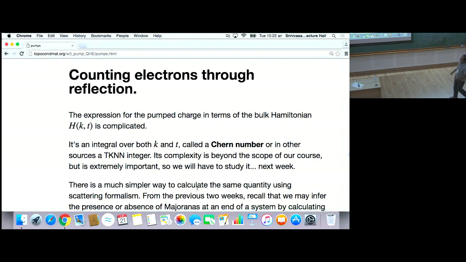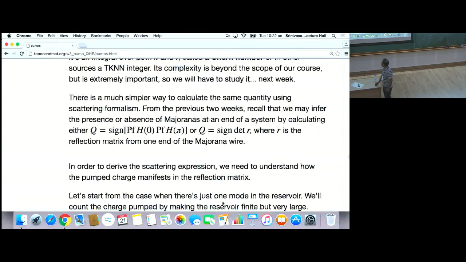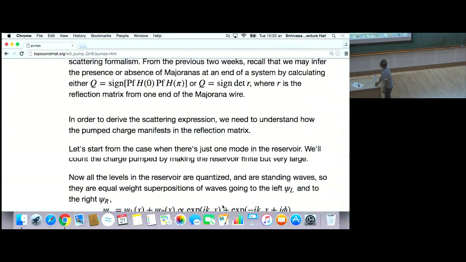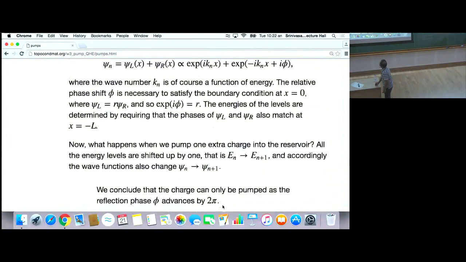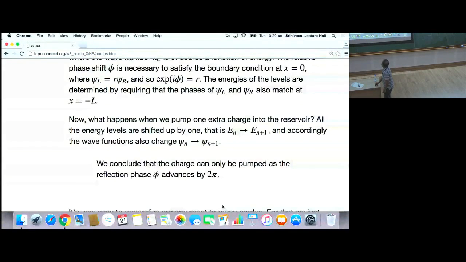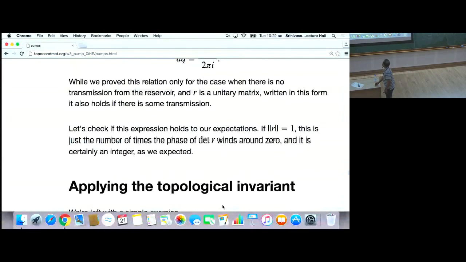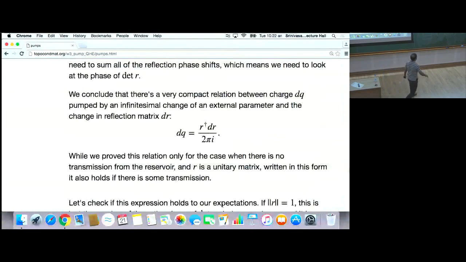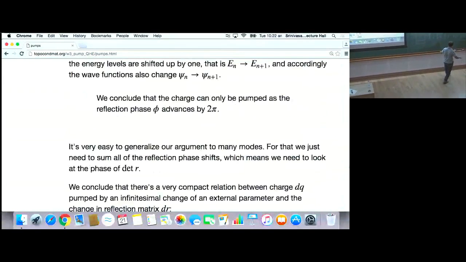One way to see it is that it's related to a Chern number. But what I'm going to tell you is a scattering matrix approach, which actually gives you a scattering matrix approach to the Chern number. Okay, sorry. So ultimately, this is going to be the answer. Let me just quickly tell you what the argument is.